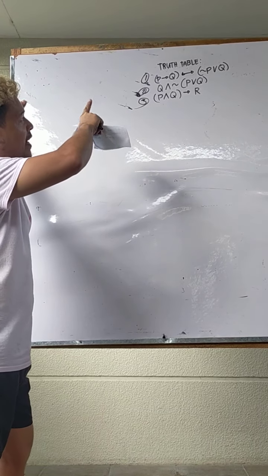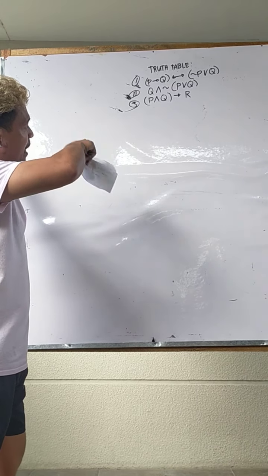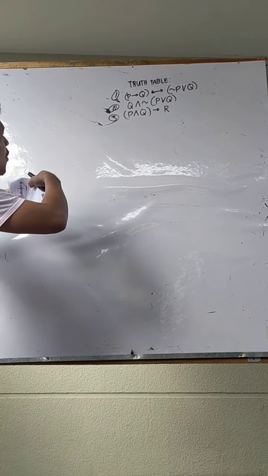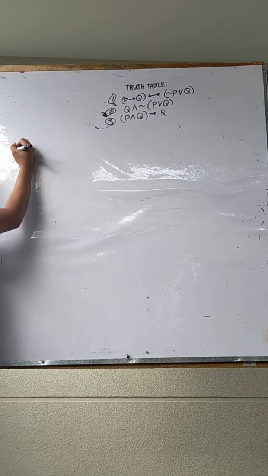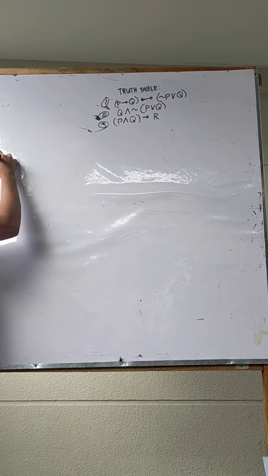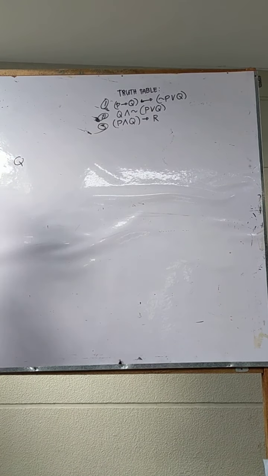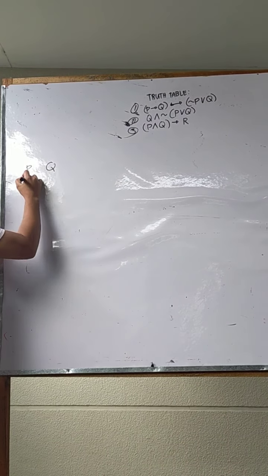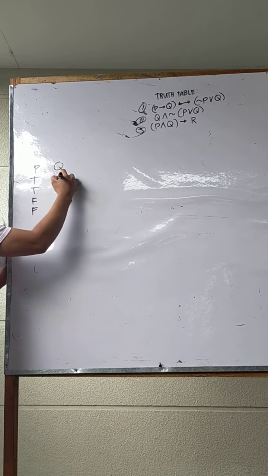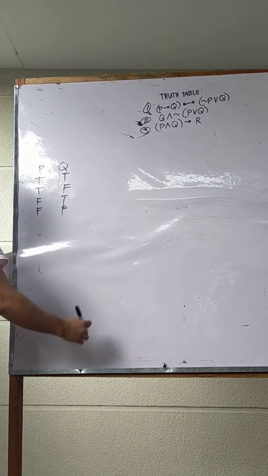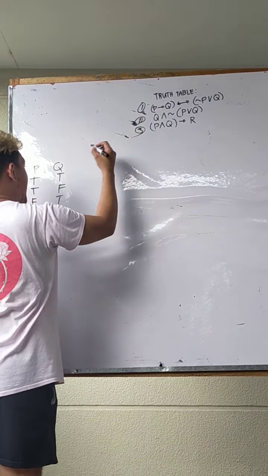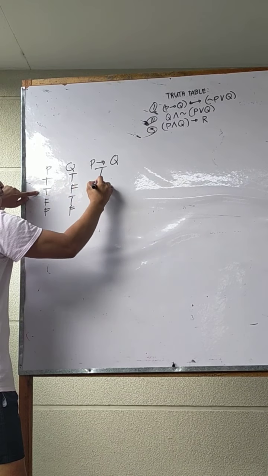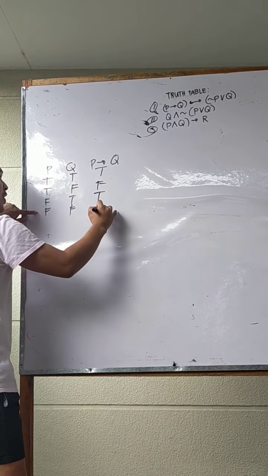Okay, we have P implies Q, if and only if not P or Q. We have two premises, P and Q. Therefore, we'll be using 2 raised to n, that will be 2 squared, which is 4: true, true, false, false, and true, false, true, false. Then, P implies Q gives us true, false, true, and true.